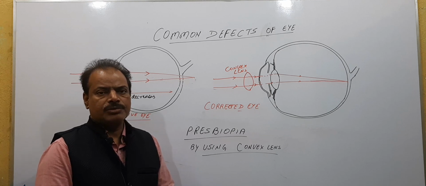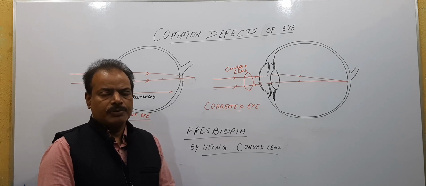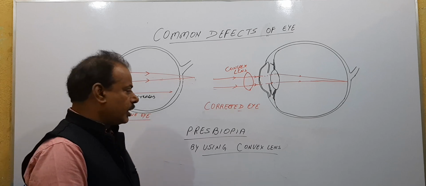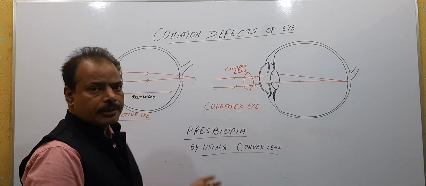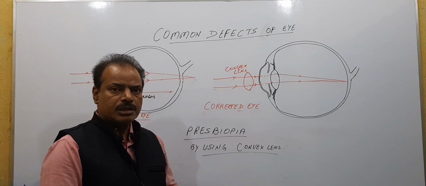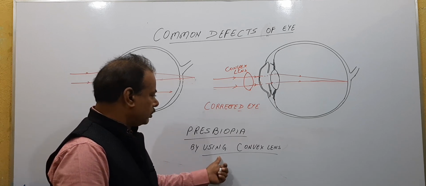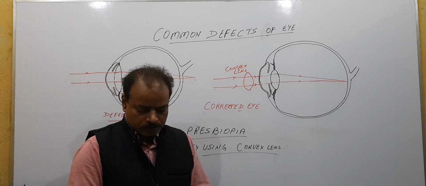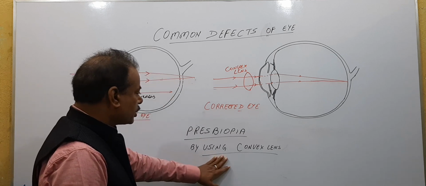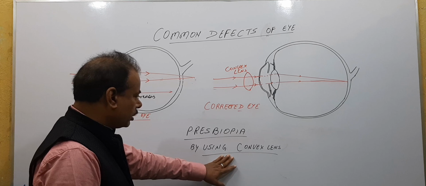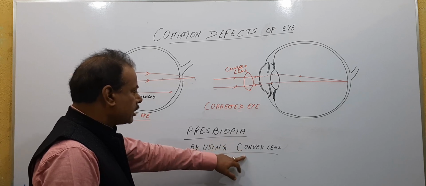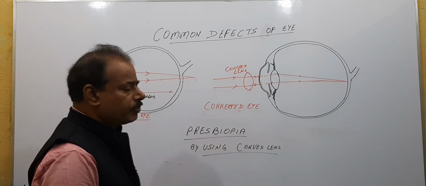Flexibility of the lens as well as the ciliary muscle is lost. That's why the person cannot see near objects. To see near objects clearly, the convex lens is used to treat presbyopia.